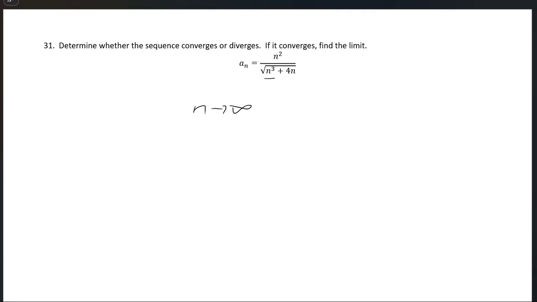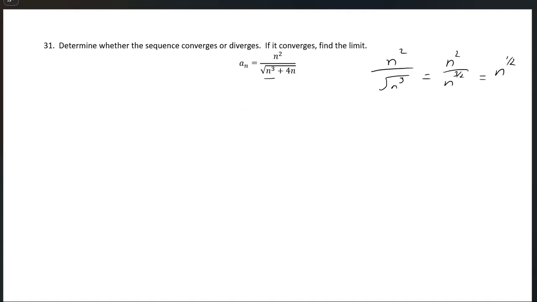So for large n, essentially we have n squared over square root of n cubed, which if we simplify, it's n squared over n to the 3 halves. We can rewrite the radical as an exponent. So we subtract the powers, it's n to the half. And as n approaches infinity, for n to the half, it blows up to infinity. Yeah, so this guy should diverge.